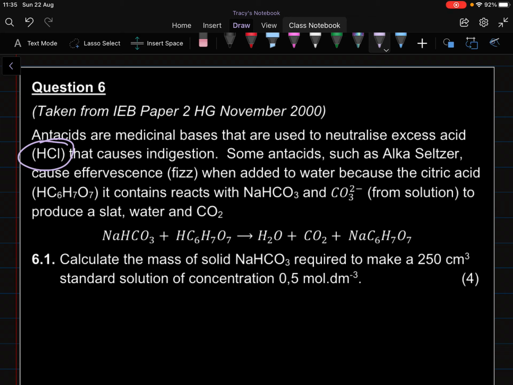Some antacids, like Alka-Seltzer, cause effervescence or fizzing when added to water because the citric acid reacts with the sodium hydrogen carbonate (the HCO3- from solution) to produce water and carbon dioxide.